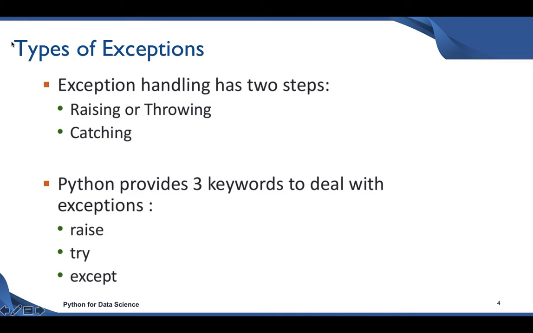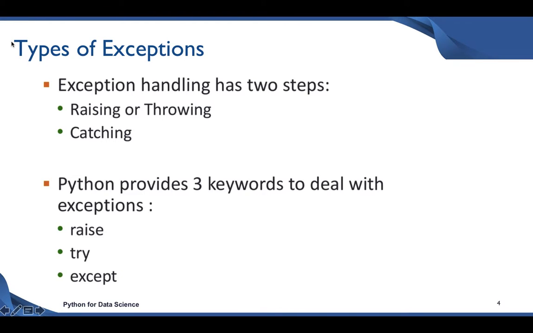There are two types of exception handling, and we have some keywords to deal with exceptions. One is raising or throwing, and the other is catching. First we raise or throw an exception, and then we catch that exception.